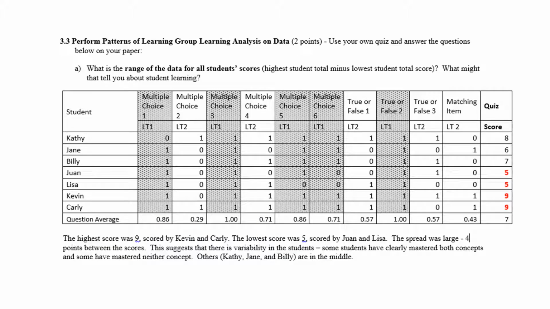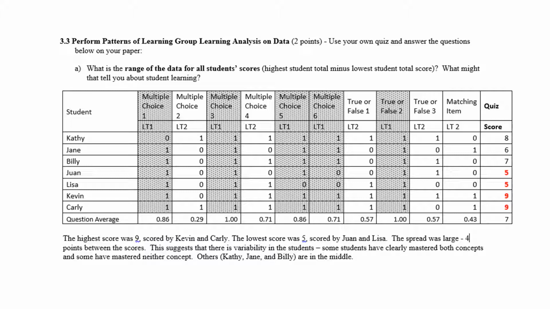So now that we have some basic numbers, we need to start looking at patterns of learning. And the first thing we want to do is look at what's the range of data for all students' scores. A range means you take the highest value and the lowest value, and you subtract the lowest from the highest. So let's look and see what the highest score was.